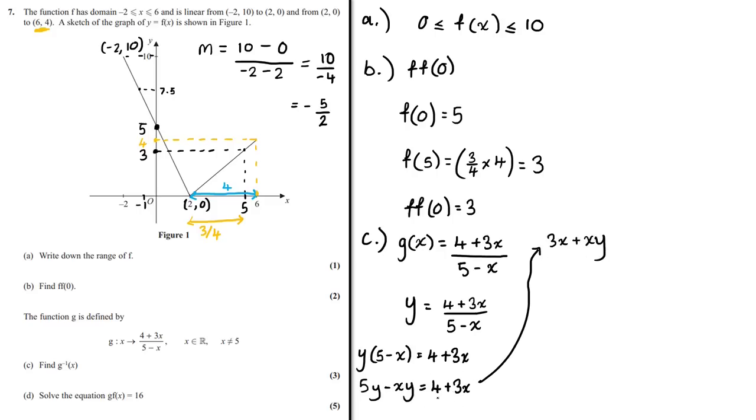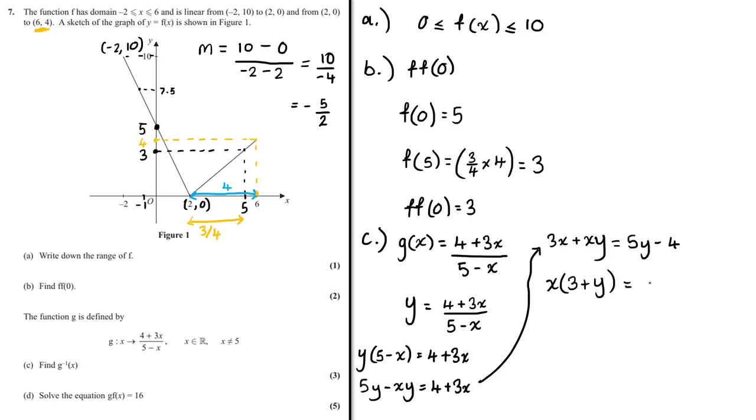And I'm going to get rid of this 4 on this side here. We don't want anything else with the x's, so I get 5y minus 4. We said we wanted to make x the subject, so this left-hand side is pretty close. We just need to factor an x out and then divide by whatever's multiplying through. So we get x lots of 3 plus y, because x times 3 gives you 3x, x times y gives you xy.